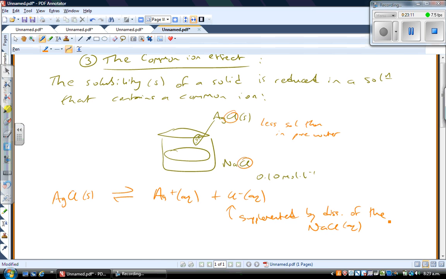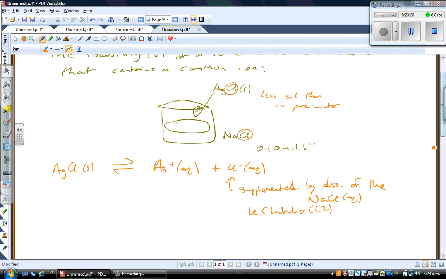So as a result, according to Le Chatelier's principle from last year, a system responds to undo the change to the system. Now the change to the system here is that you're trying to add more chloride ions. So in order to undo that change, the equilibrium will shift to the left-hand side and result in more AgCl forming. So that's the theory behind what's happening.